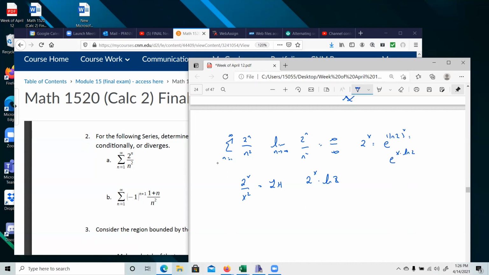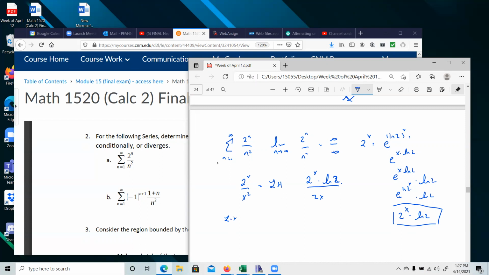The derivative of this is e to the x ln 2 times natural log 2, which goes back to e to the ln 2 to the x times ln 2, that is 2 to the x ln 2. If you don't remember that rule, that's a way to get it without having to remember it. I never remember it. This is divided by 2x, so the limit's still infinity over infinity.